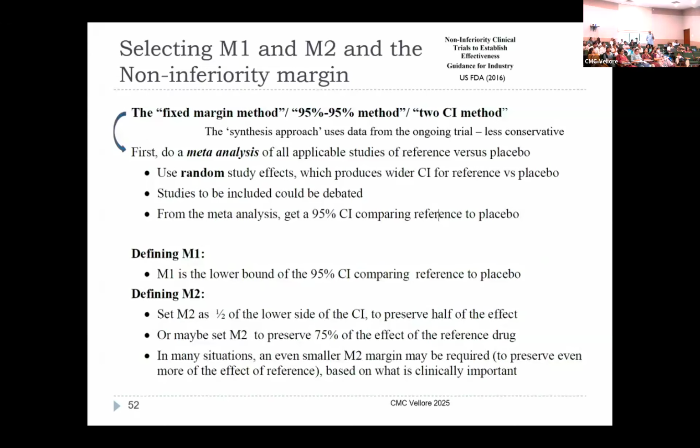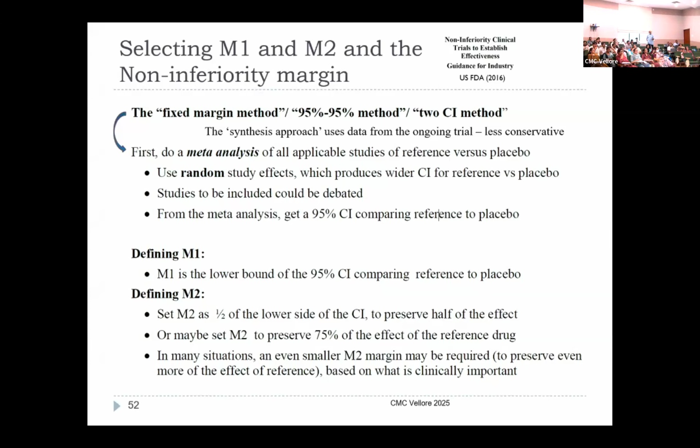Then you get what the M1 is, the lower bound of the 95% confidence interval based on that meta-analysis, if you're doing it for good outcomes. And then you set your margin as half of the lower side to preserve, or preserve 75%, you do it that way. So an even smaller M2 may be required. That is what you discuss with your regulatory agency, what they force you to do.